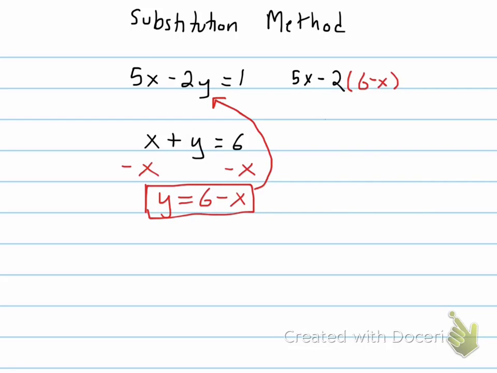So let's distribute. So 5x minus 2 times 6 is 12. I'm distributing. That's 12 minus 2 times minus x is plus 2x equal to 1. So let's combine our like terms.